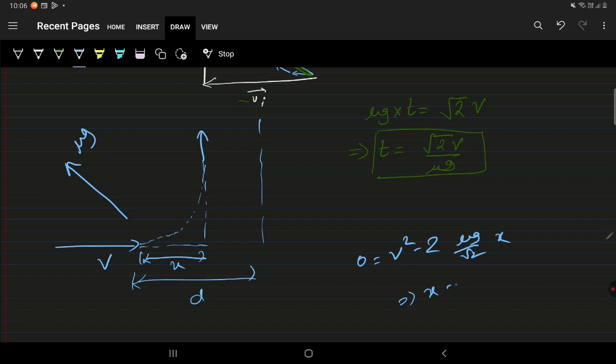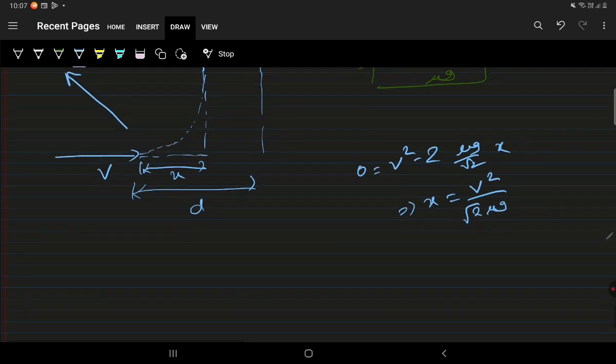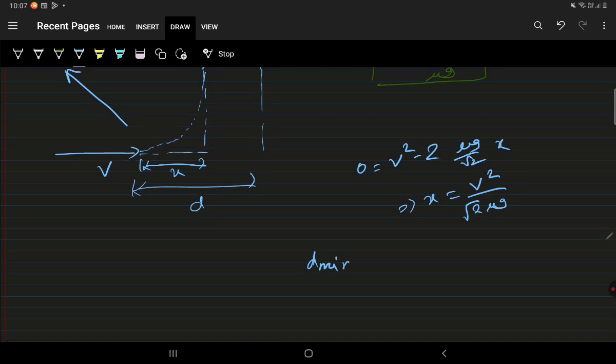From here x is equal to v square by root 2 mu g. So d min is equal to d minus x, that is, d minus v square by root 2 mu g.